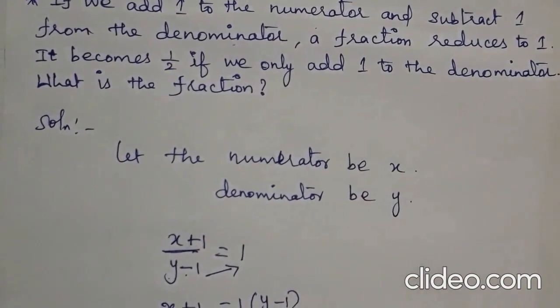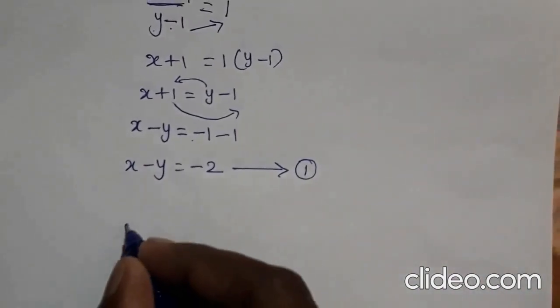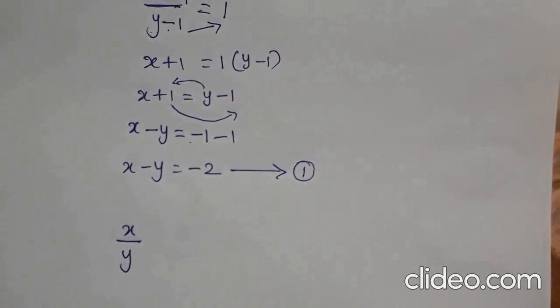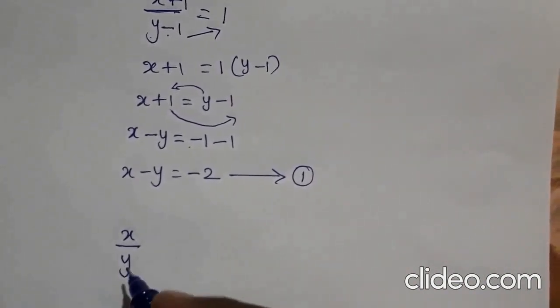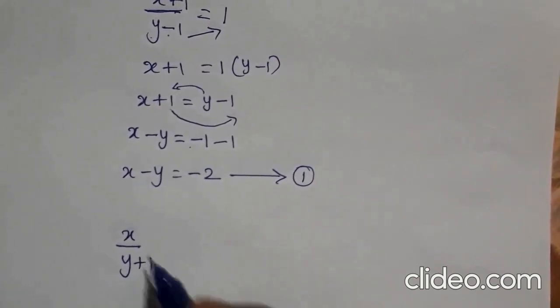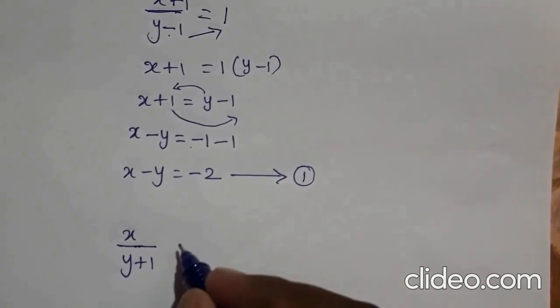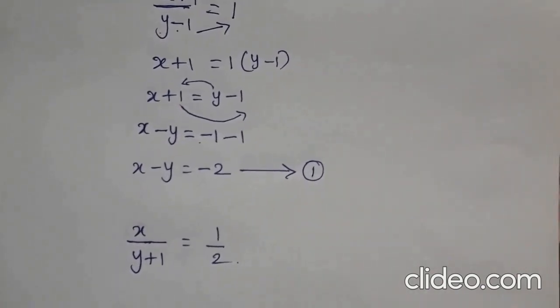So the next condition: x by y, the fraction, we are just adding 1 to the denominator only, and you will get 1 by 2. So this is the second condition.